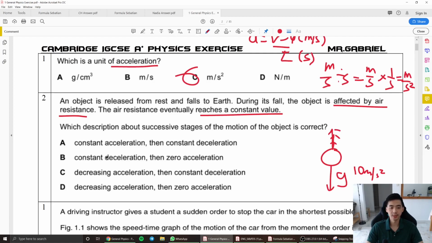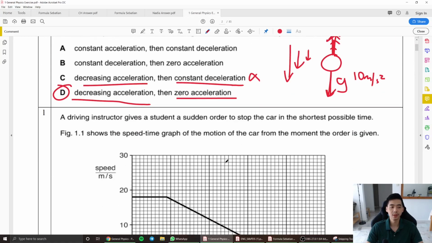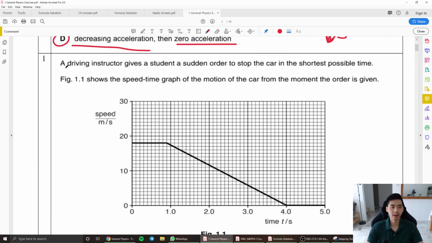Since the air resistance is building up, causing a decrease in the resultant force downwards, it must be decreasing acceleration, right? And then after that, will it decelerate? No, it will not. Why? Because when the upward force equals the downward force, it will have zero resultant force and thus zero acceleration, yeah guys.